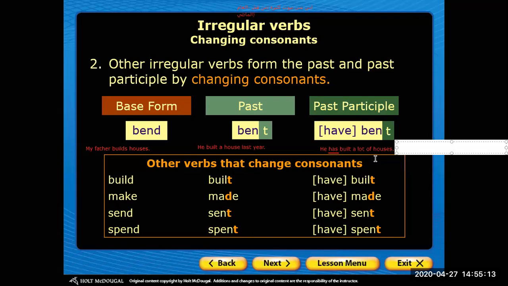Of course, you know that by now is equal to before now, right, boys? So I can say my father has built a lot of houses before, right? But here, I'm talking about last year. Here, I specified exactly when.